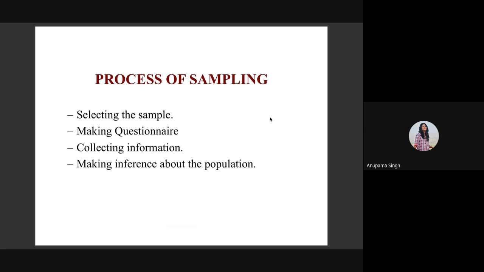We are going to focus on two aspects here: selecting the sample, how do we make a sample, and then making the questionnaire, because it is also a very important part of it. And then we collect data and go for analysis later on.